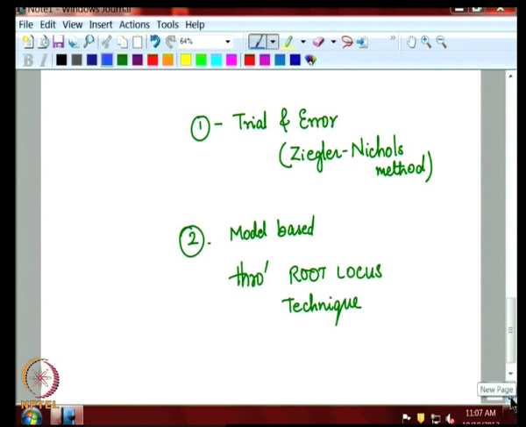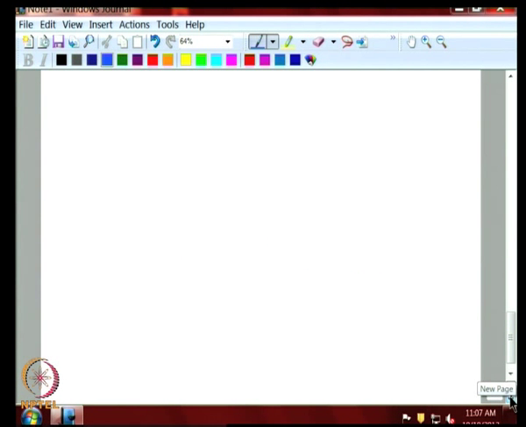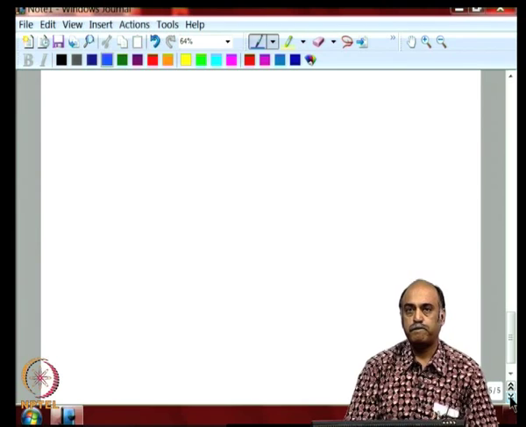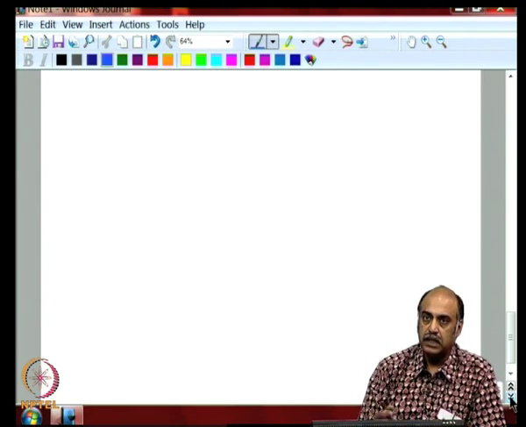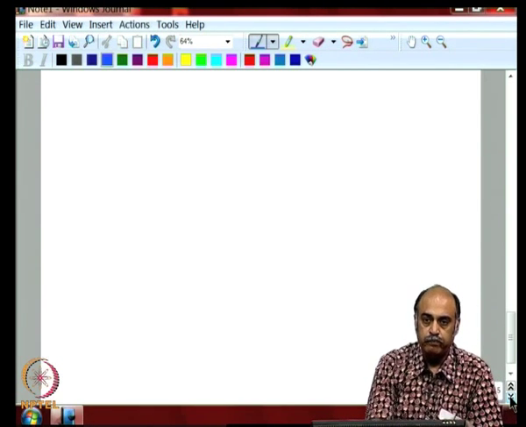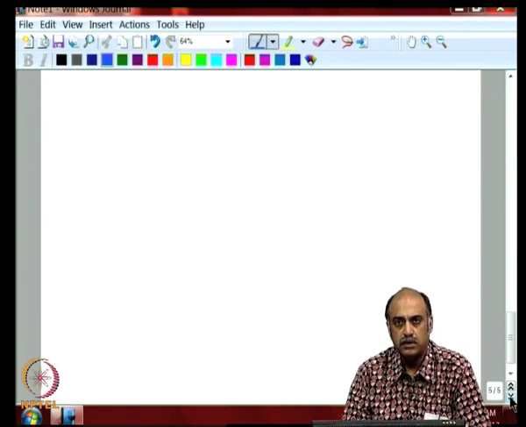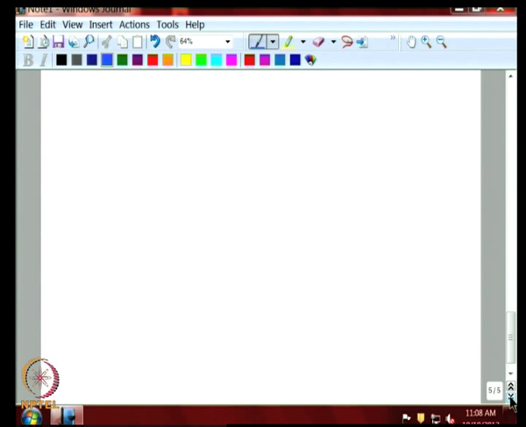Now, the next issue that is of worry is that normally in isolated converters, just like the flyback converter that we saw, you do not have just one single output. There are multiple outputs. There may be a 5 volt output, a 15 volt output, a minus 15 volt output, 3.3 volt outputs.